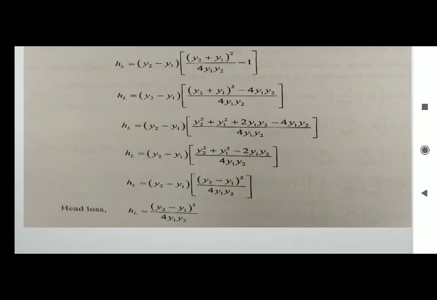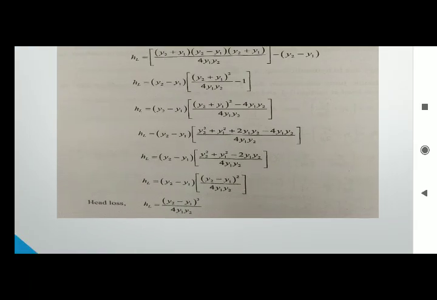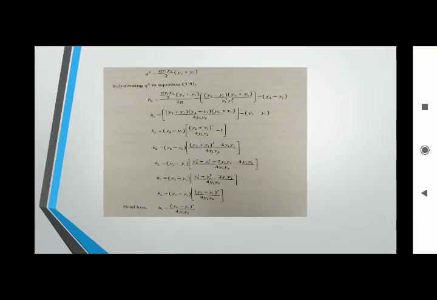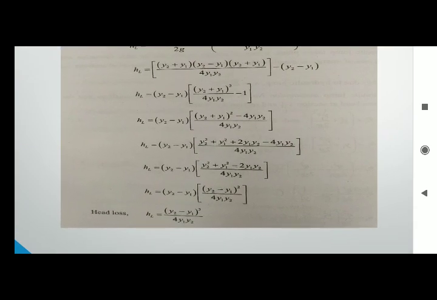Then the head loss equation: for head loss calculation, both y1 and y2 should be known. After that only I can calculate head loss. These are the important equations used in hydraulic jumps.